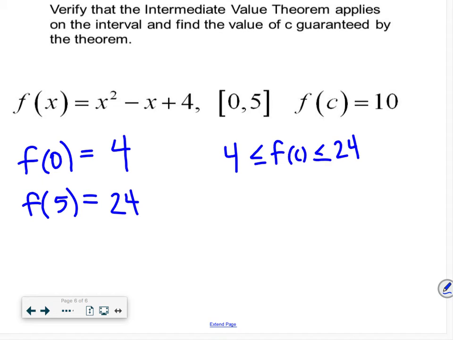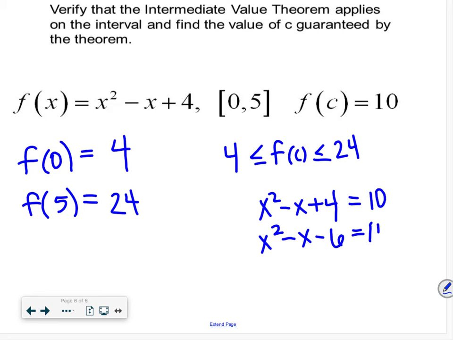So we can actually find it. We're going to set our function equal to 10, which means x squared minus x minus 6 equals 10.